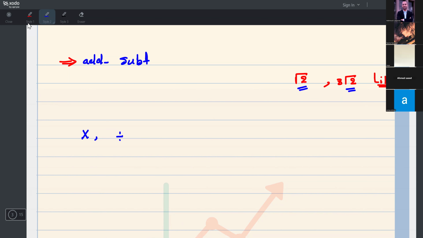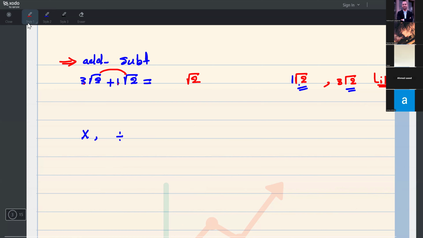So we can add and subtract root 2 and 3 root 2. Yes, we can. 3 root 2 plus root 2 means 3 root 2 plus 1 root 2 equals 4 root 2.